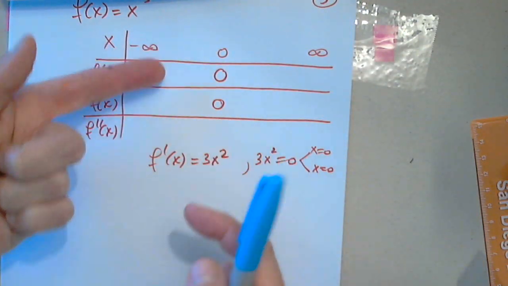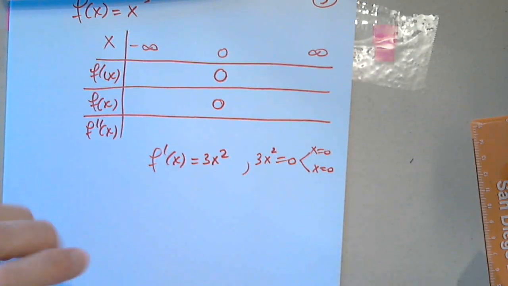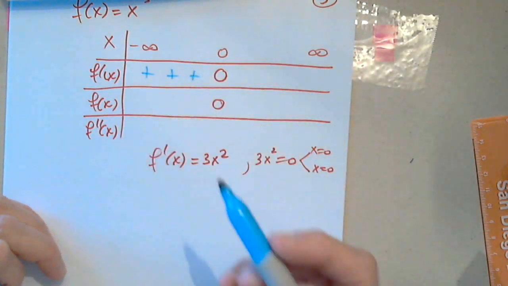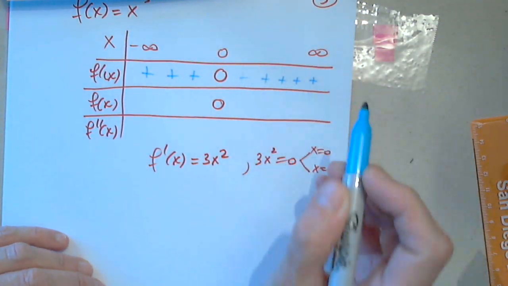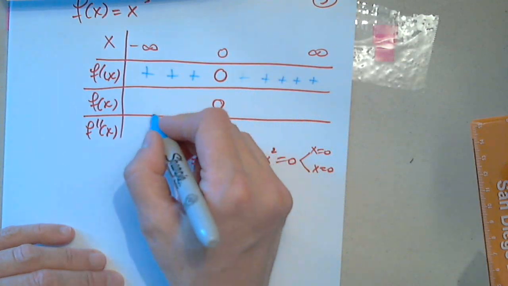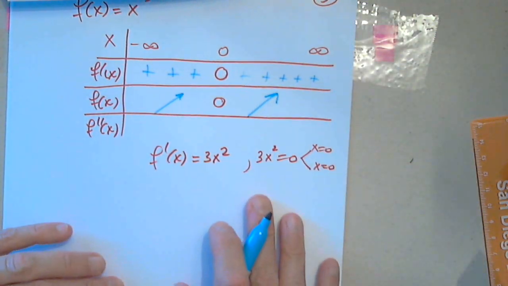If I plug in negative 10, I get positive. If I plug in positive 10, I get positive. Which guarantees that the function is always increasing.